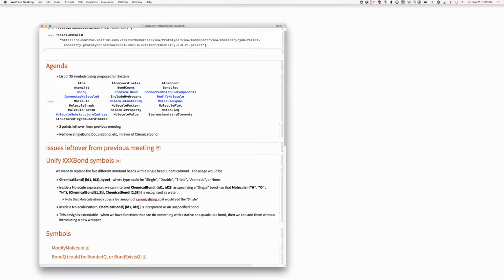Are there cases in which it's totally obvious from the structure of the molecule that it has to be a double bond? Yeah, absolutely. Not without assumptions, usually. Well, if you have the coordinates, it can be quite.